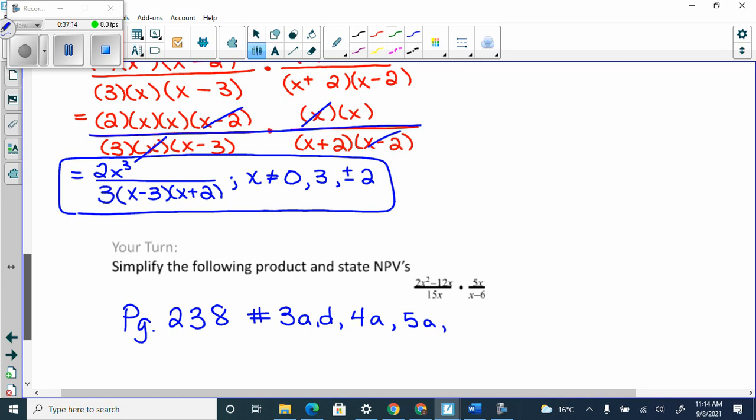A hint with 5A is you're going to have to take a -1 out to make the match. There's going to be 2 that look the same but have wrong signs. So you take a -1 out of one of them, not both of them, or you're going to swap signs. That's for 5A. And 6.